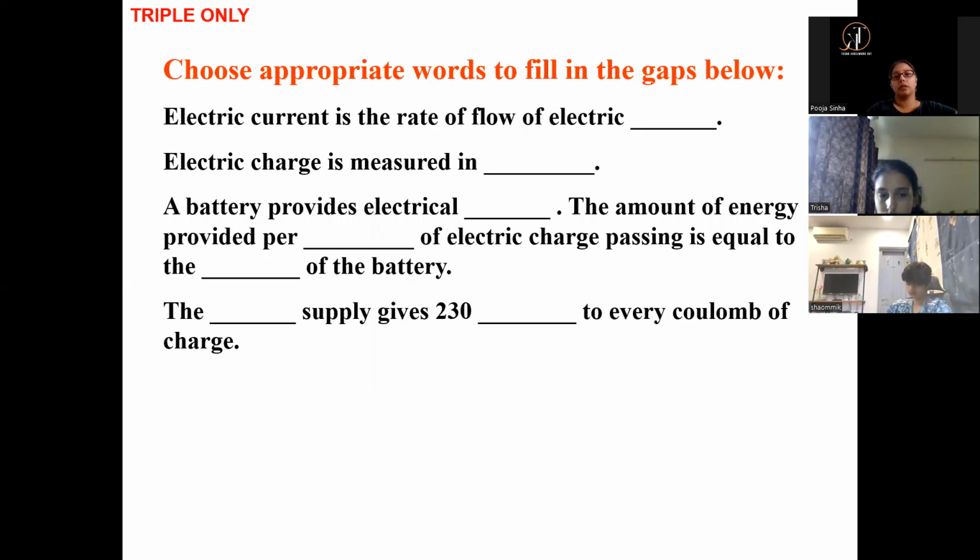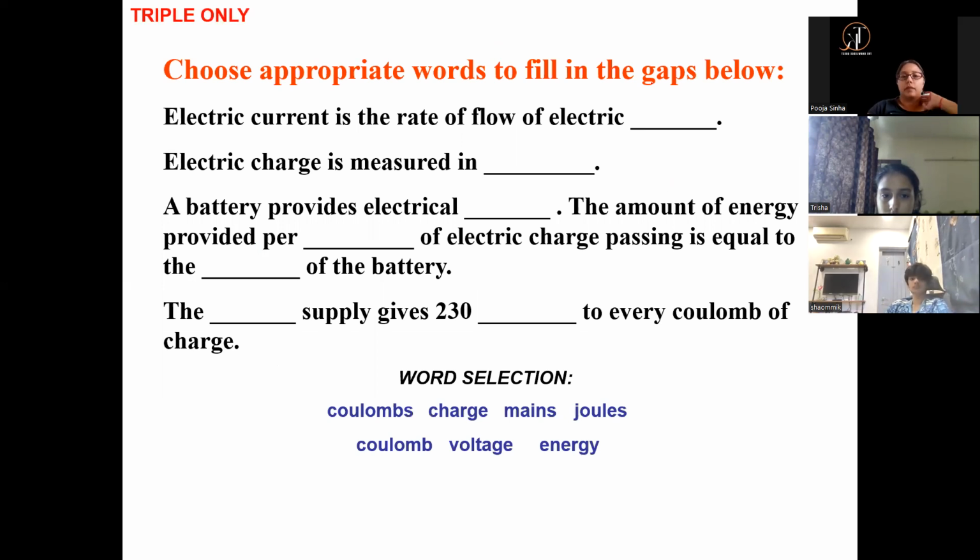Next. Trisha, first one. Electric current is the rate of flow of, read the statement and then give the answer. Electric current is the rate of flow of electricity. Be louder. Is it coulombs?